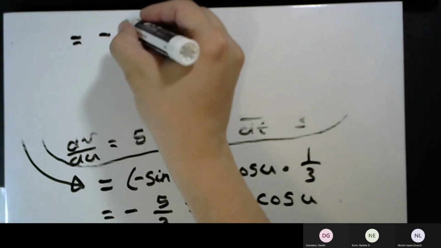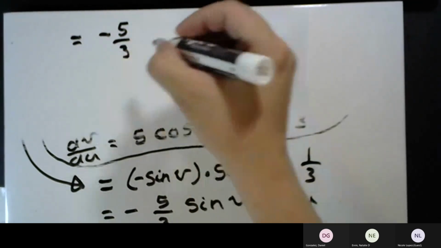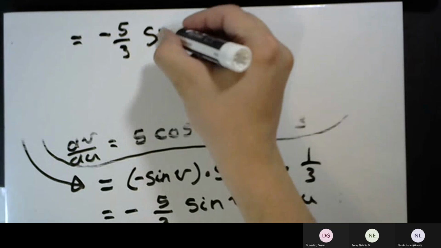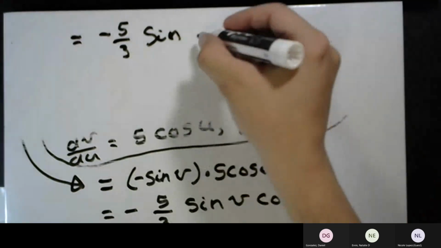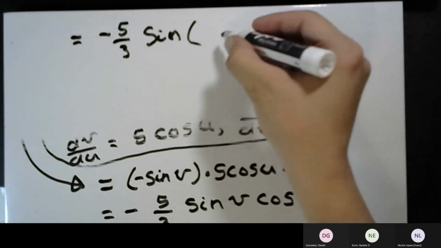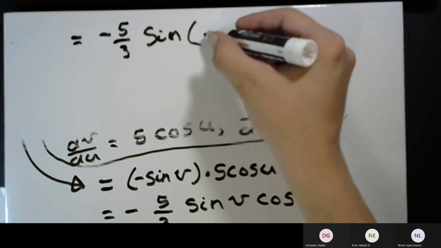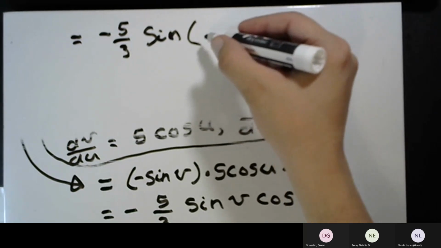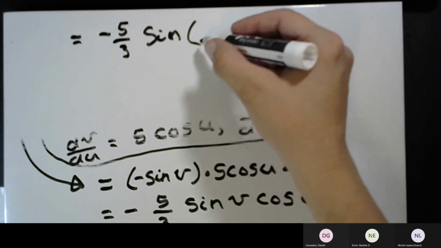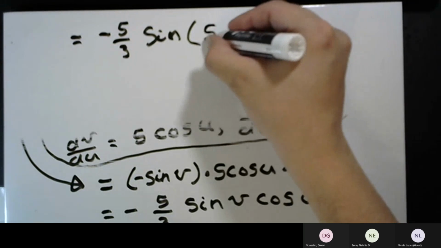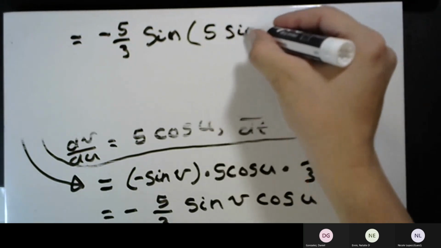So negative 5/3 sine, and then v, what was v? Well, that was going to be, let's see, 5 sine of u.